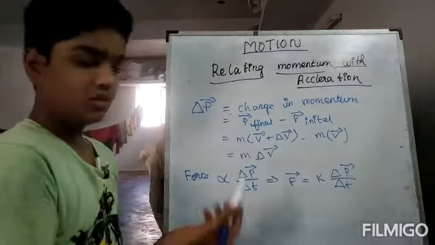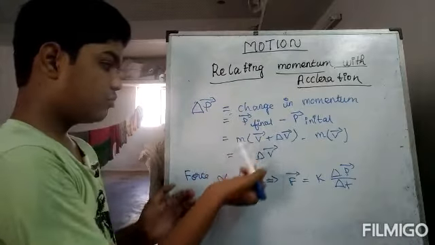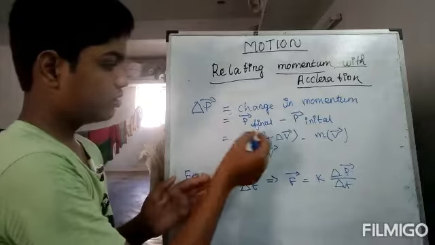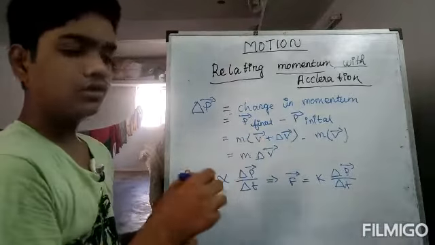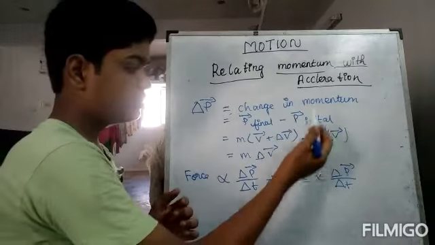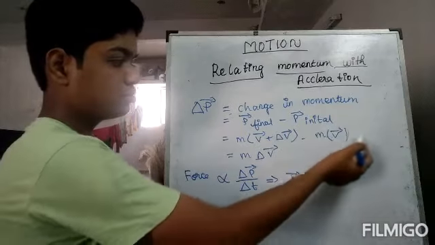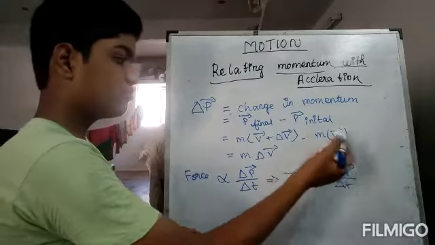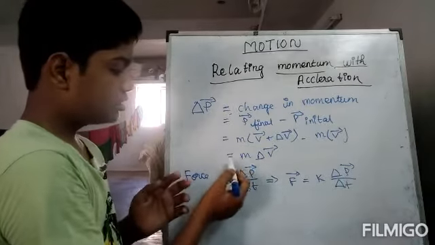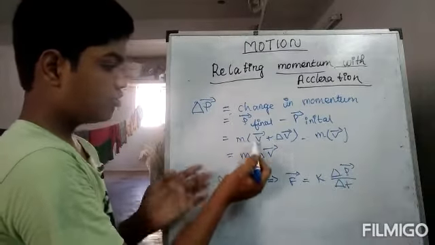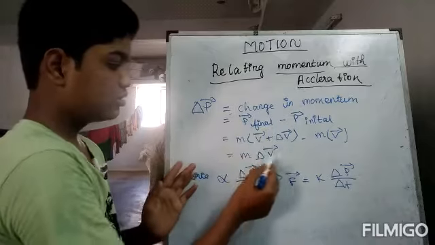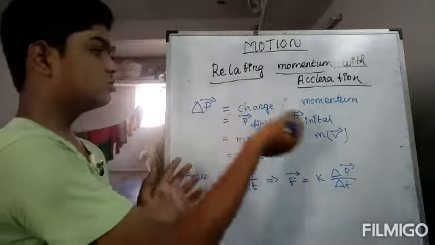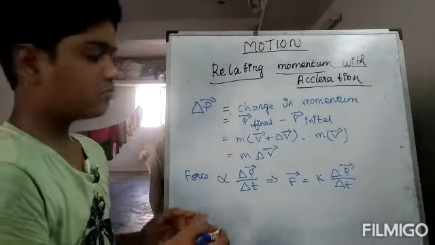We saw in the last slide, the final momentum is m times the initial velocity plus the change in velocity, minus m times the initial velocity. If we take the mass as the same quantity, mass times the change in velocity is equal to the change in momentum, that is del momentum.